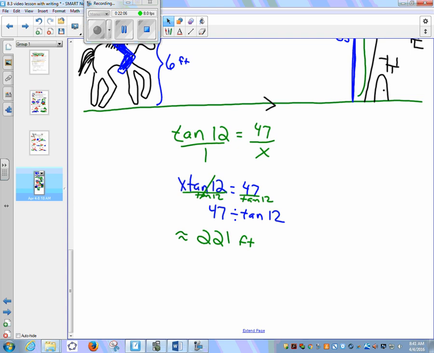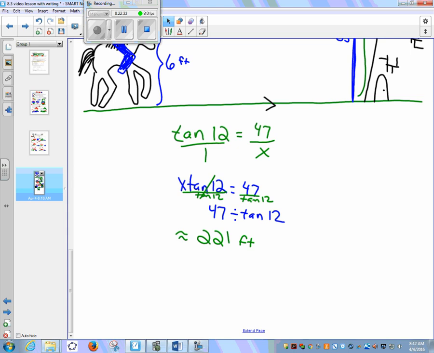Okay, so there's a couple things you have to remember. The tricks of this lesson: angle of depression, you got to remember, is looking down. So sometimes it's not part of the triangle you know about, so you have to kind of switch it into the triangle. That's one of the tricks. The second thing is the height of the person, the line of sight. You have to take into account how far the object is from the ground.